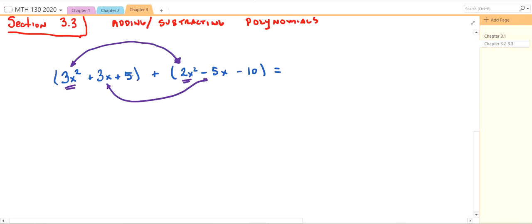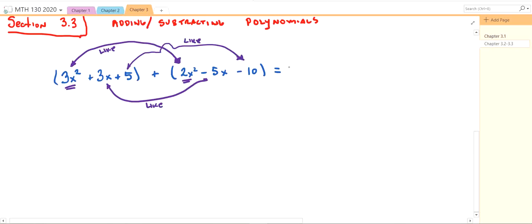There's no x here, or there's x raised to the power of 0 here, so these are also like terms. The constants are also like terms. And the way we add or subtract polynomials is we add or subtract the like terms.